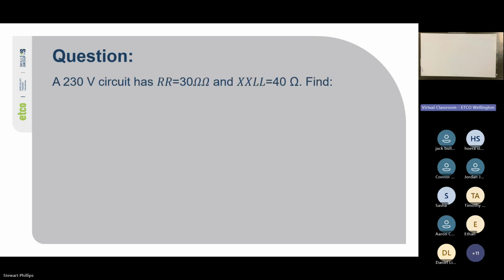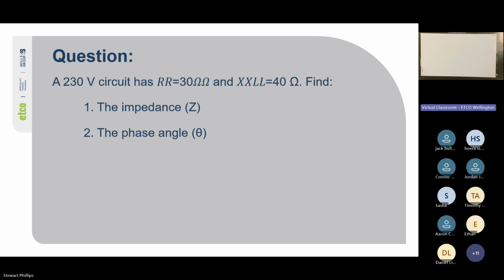We'll do an example. We have a 230 volt circuit that has a 30 ohm resistance and 40 ohms of inductance. Cool, so now we're going to find the impedance, and this time we're going to look for the phase angle.